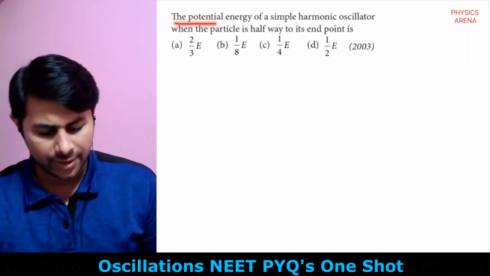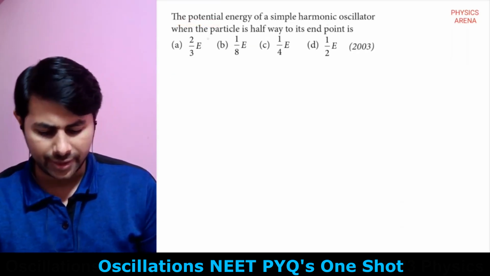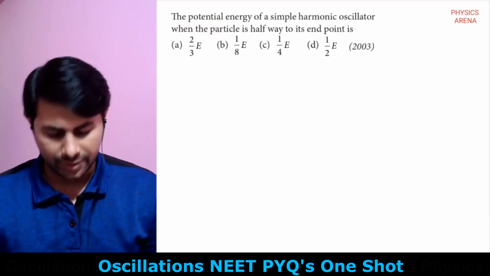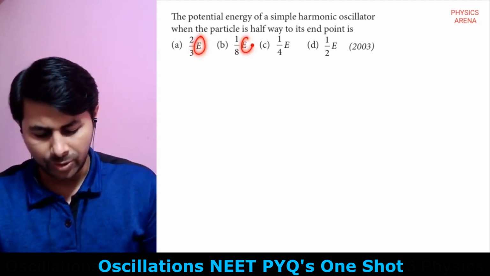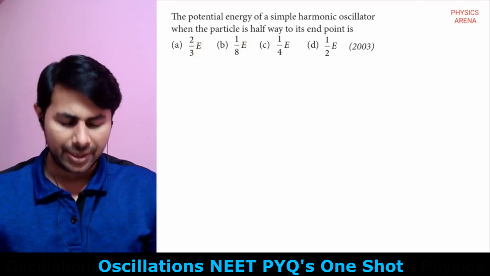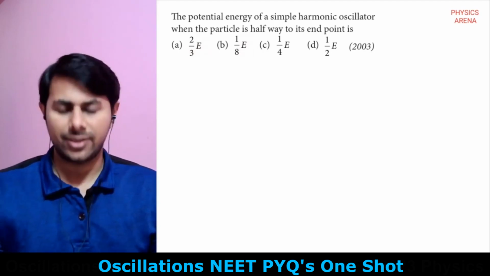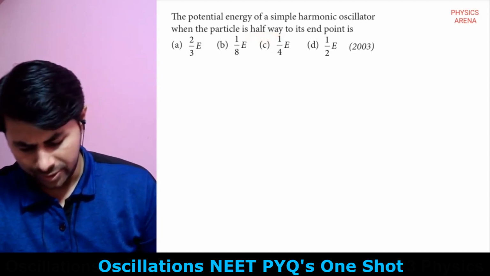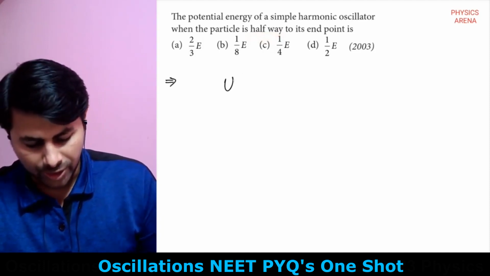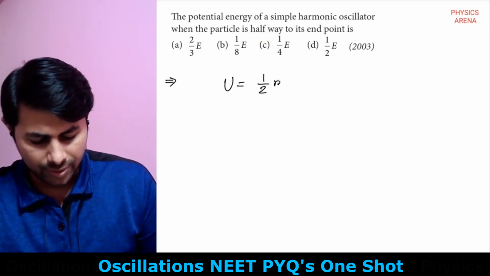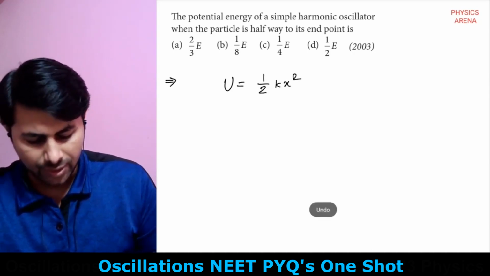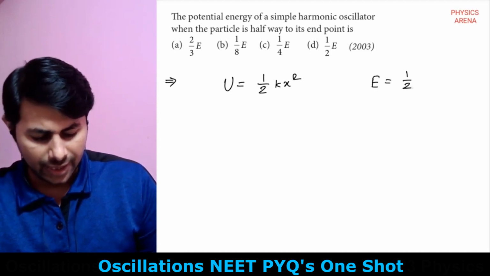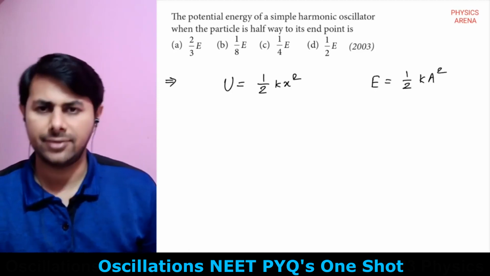The potential energy of a simple harmonic oscillator when the particle is halfway to its end point is, now E is supposed to be total energy. So in comparison with that, what is potential energy when the particle is halfway to its end point? We know that potential energy is half of k into x square. Total energy E is half of k into a square.